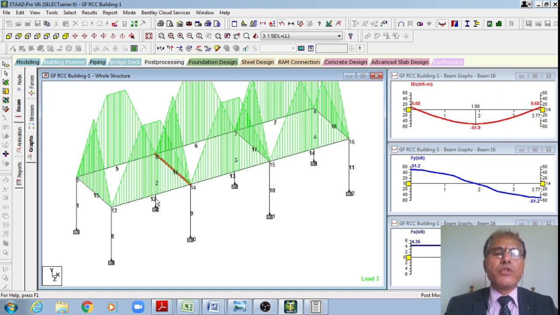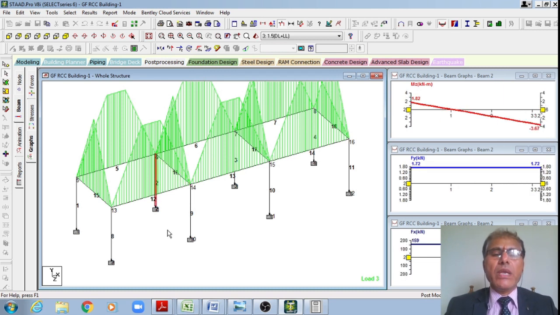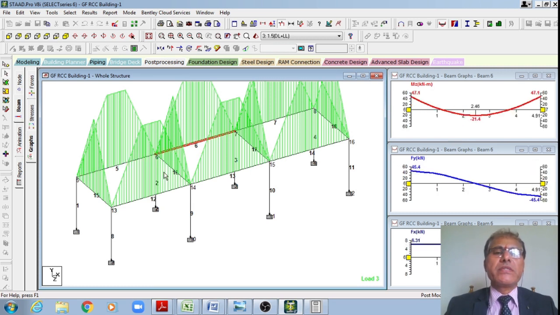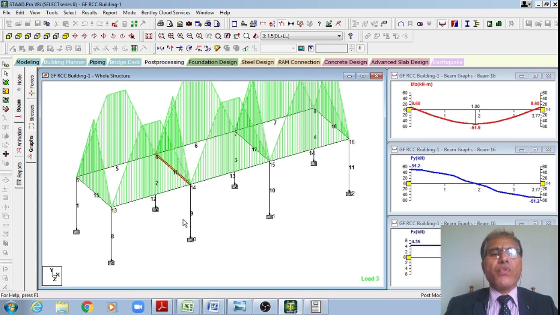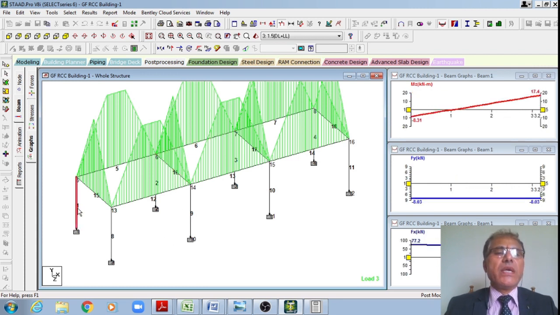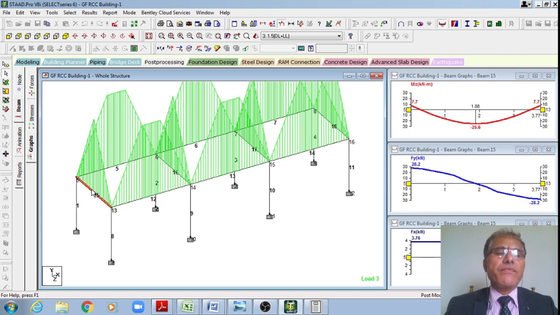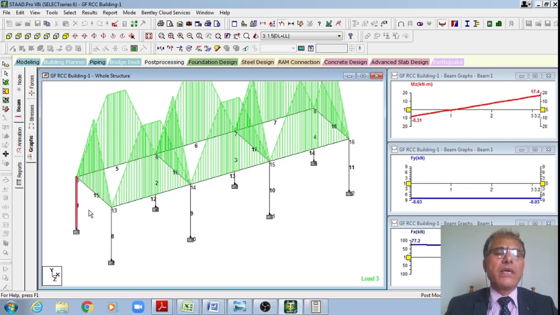Therefore this column was designed manually subjected to an axial load of 140 kilonewton, and Mx is equal to 0 and My is equal to 40 from manual calculation, whereas it was designed manually subjected to an axial load of 140 kilonewton and some 23 kilonewton meter from this and 40 kilonewton meter from this beam, whereas this column is not subjected to that much bending moment.